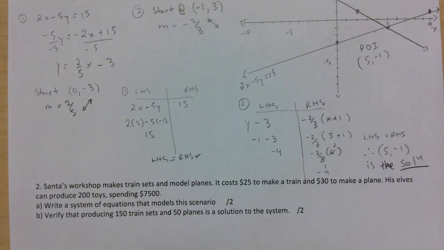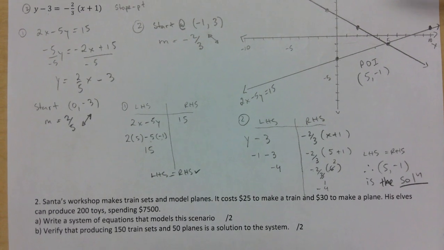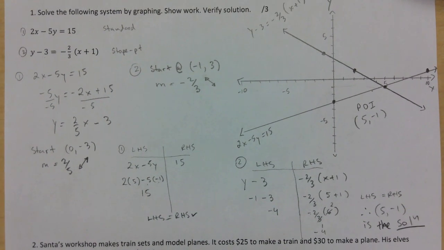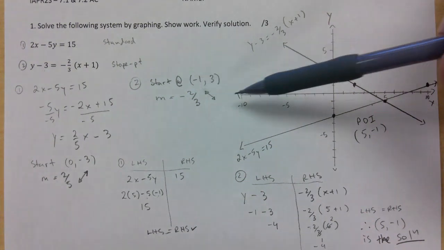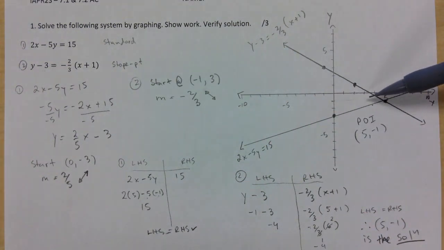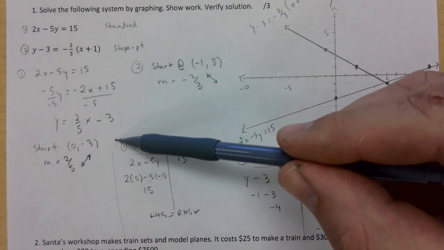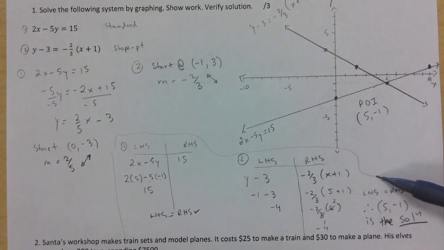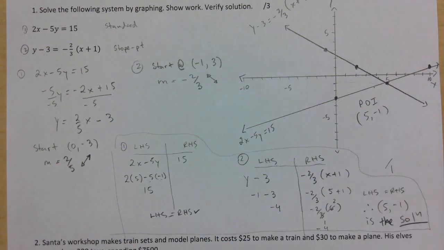Mark allocation, I would say you get right now, just for this particular example, okay, I would say you get 2 marks for the work and the graph, right? So all of that combined would give you 2 marks. And then verifying your solution is going to be 1 mark. So the verifying and actually coming up with the final answer will make that worth 1.